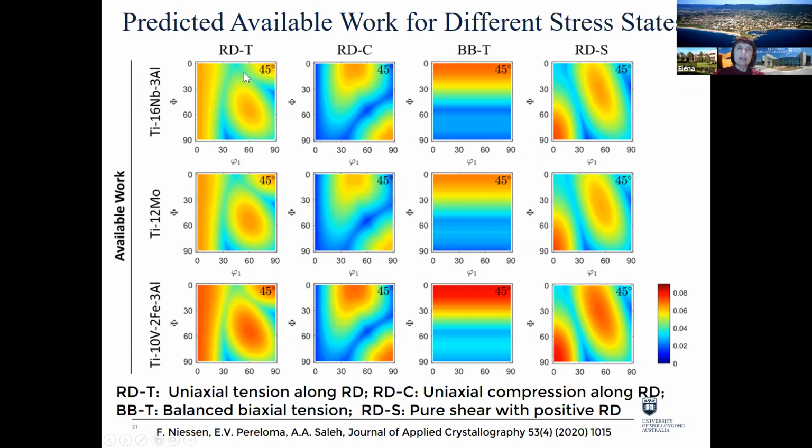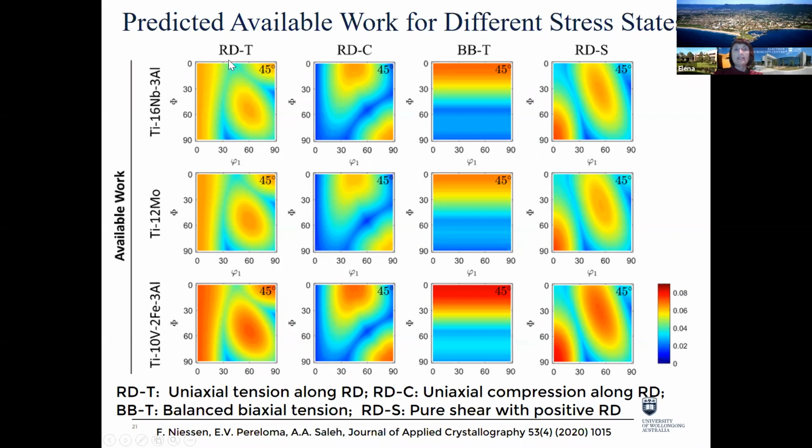We can see that 3 different compositions or alloys are compared, and I'm showing only 4 common modes of deformation: uniaxial tension, compression, balanced biaxial tension, and pure shear. And you can see that the predicted available work for different stress states is really different.